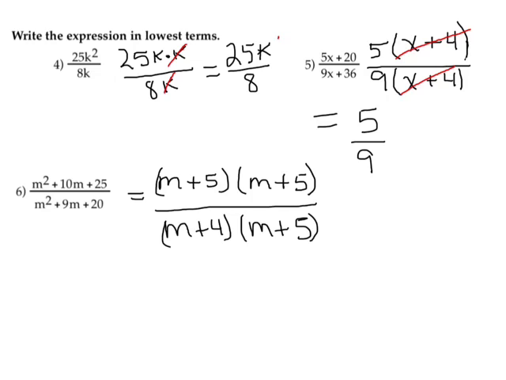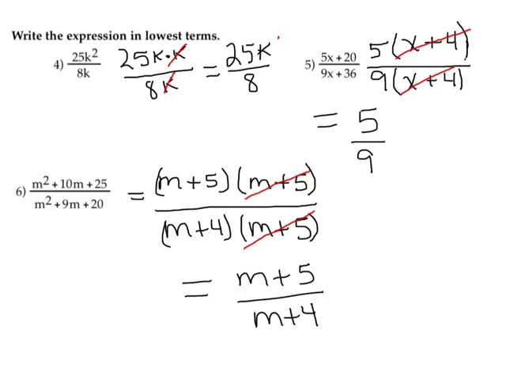It really doesn't matter in the numerator. I'm going to cross out this second one and match it up with the one right underneath it. I've crossed these two out, and again, we're left with a factor of 1. So my answer is simply m plus 5 over m plus 4.